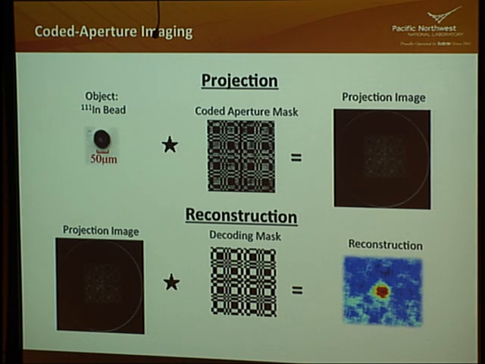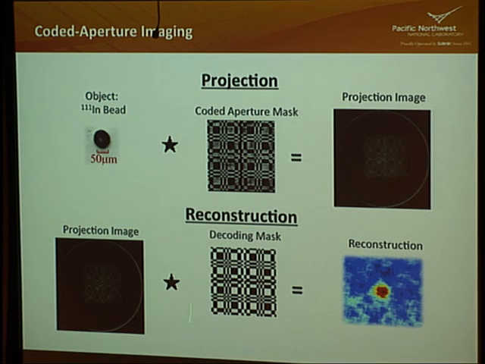There's a way to increase that capability by having many pinholes, but arrayed in a certain pattern, which we call a coded aperture mask. If you have a single point source, here we have a bead that's 50 microns in diameter, that will produce an image on our detector of the points of this coded aperture mask.